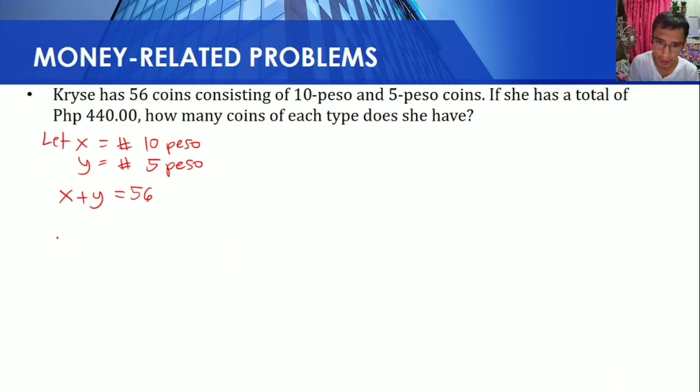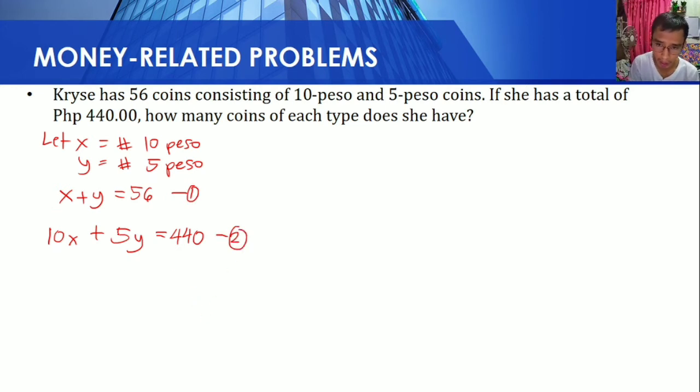So 10 peso coin times kung ilang pieces siya, that will be x, plus yung 5 peso coin, 5 pesos times kung ilang pieces siya, that will be y. So yung total daw nun is 440. So meron na tayong equation 1 and equation 2. We have two equations and two unknowns.